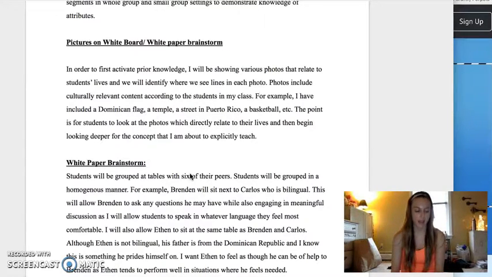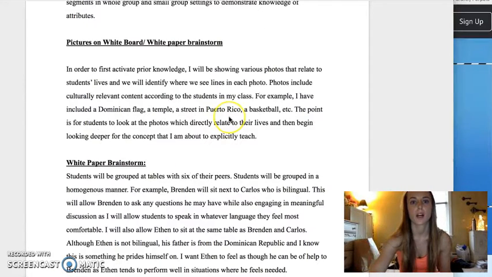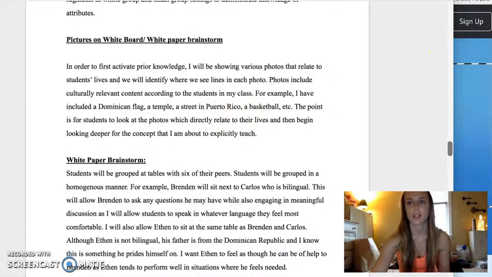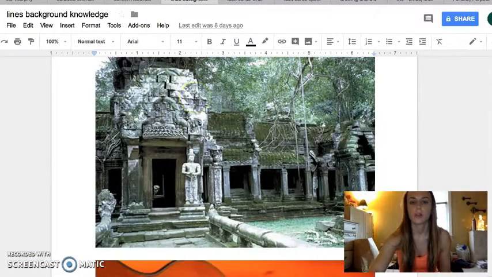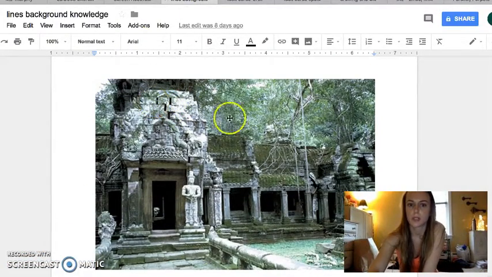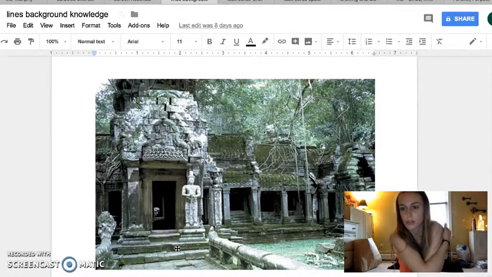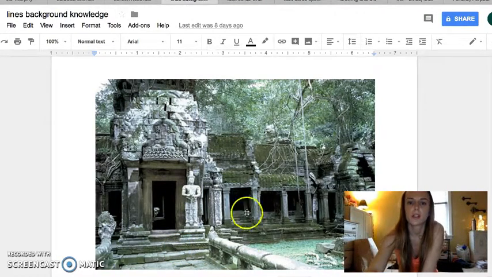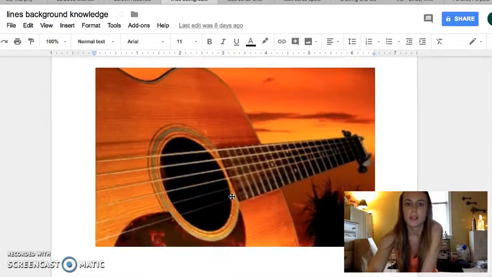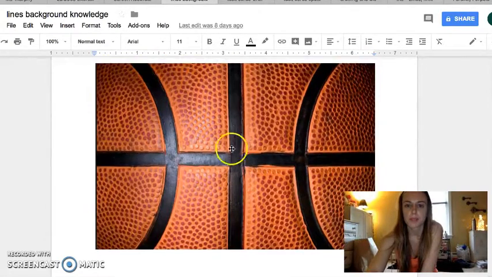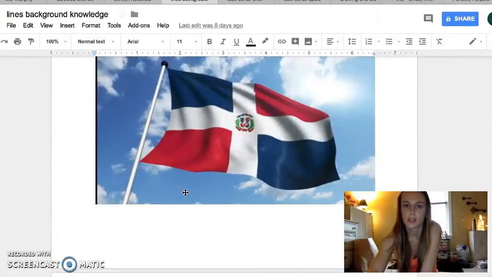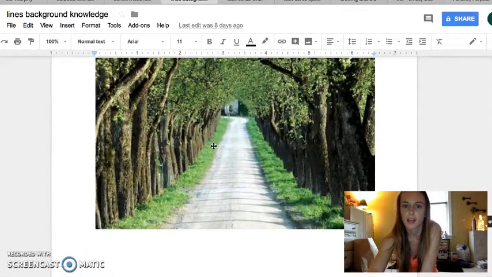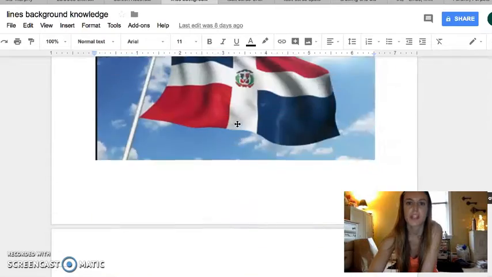So that's that. For activating prior knowledge, I just went on to Google and looked up pictures that directly relate to them. So this is a temple, this is a guitar, a basketball, this is a street in Puerto Rico, and this is a Dominican flag, and this is just another street.